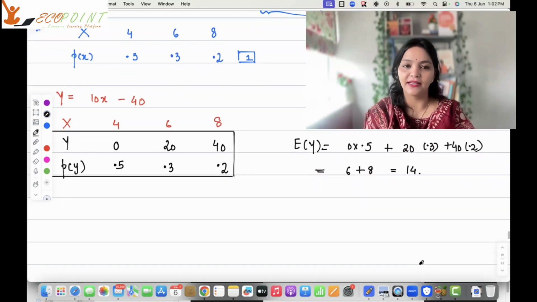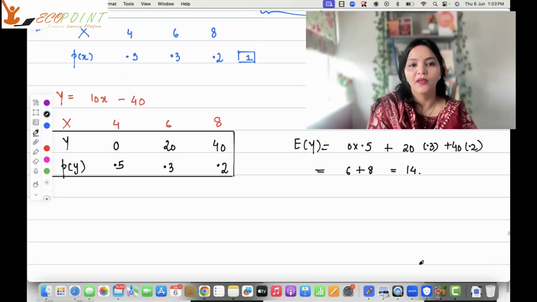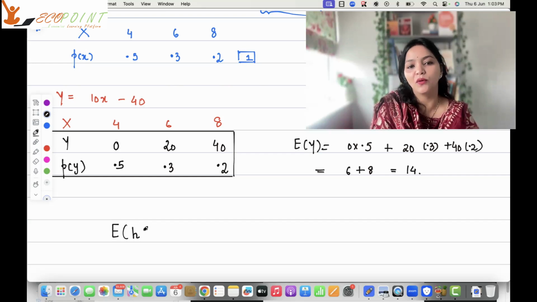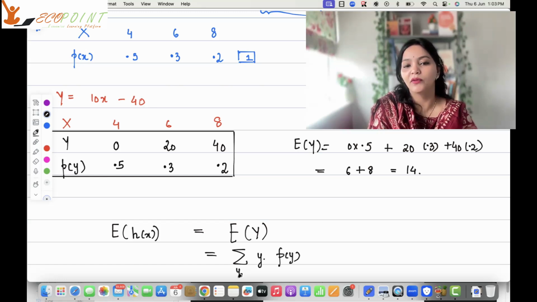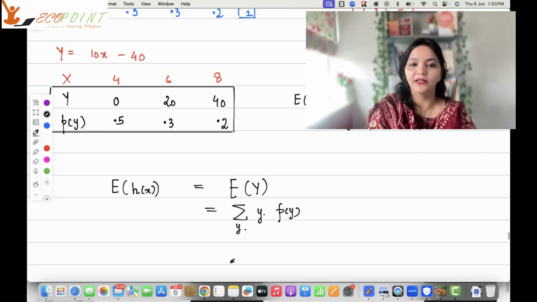Specifically, just understand that what we did here was that expected value of function of x, which we took as y, expected value of y, was nothing but the summation of y py over all the y's, right? Over all the values that this random variable y is taking. Now, this random variable is nothing but hx.